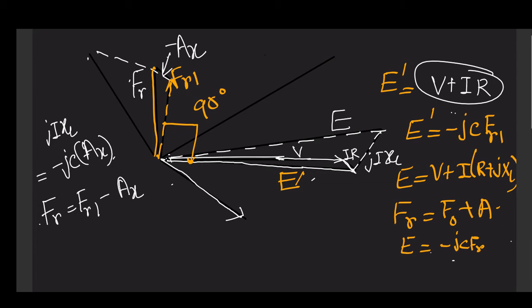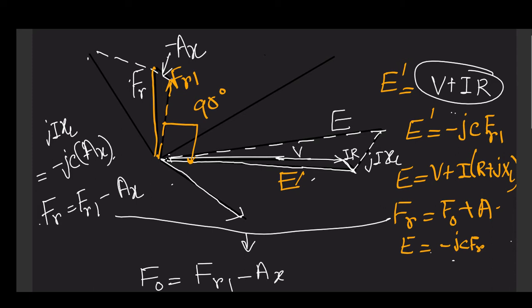And from these two, if we combine, we get F0 is equal to FR1 minus AX minus A. So this is the whole thing.